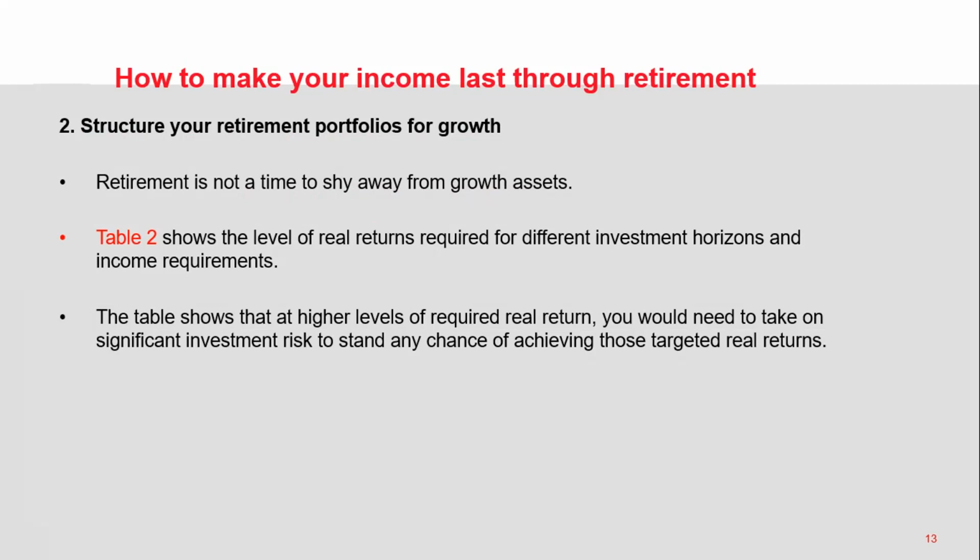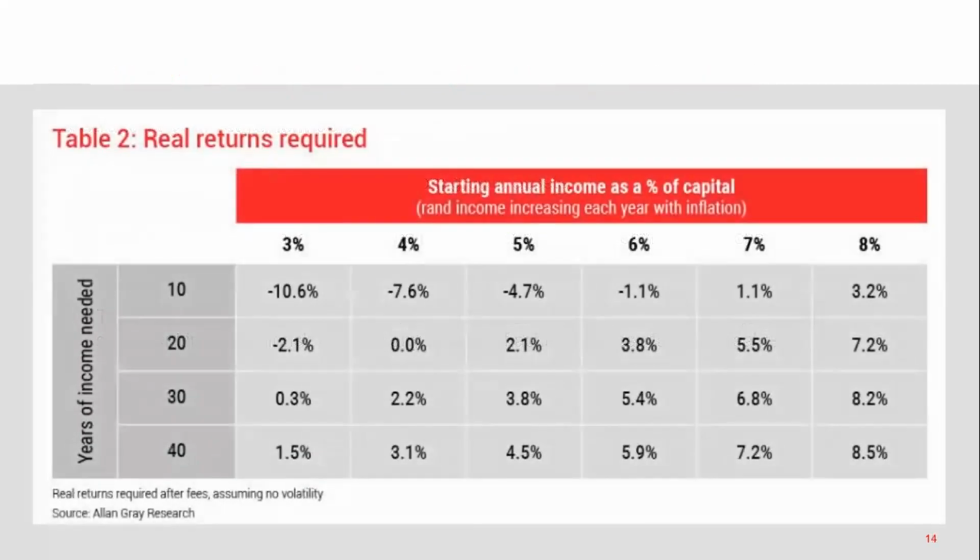What you'll see on the table is that at higher levels of real return, you need to take on significant investment risk to achieve the real returns necessary. As an example, if your starting income is 4% of your current capital, increasing each year with inflation, and you need 30 years of income, you need to achieve at least 2.2% per annum in real returns.